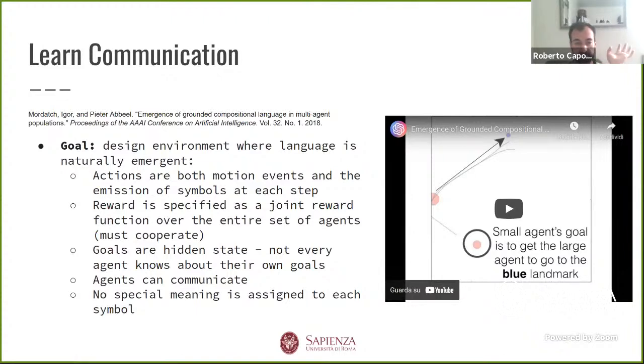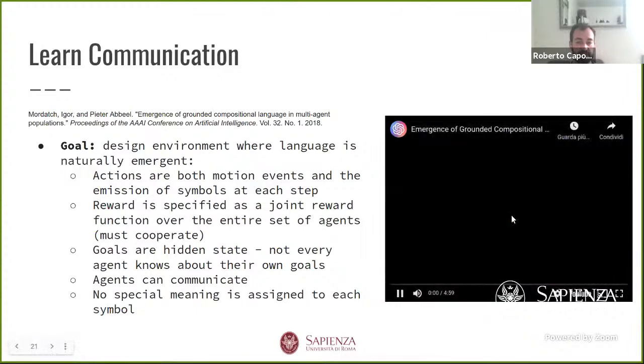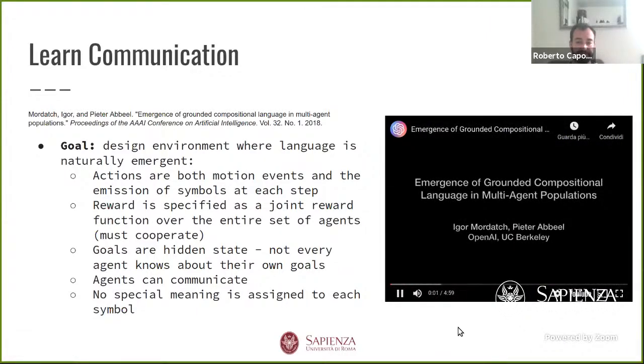There is some sort of vocabulary, but no meaning is assigned in advance to each of these symbols. So let's look at what they got. They didn't do anything specifically fancy from the reinforcement learning perspective, but it's very interesting from the application side of things.